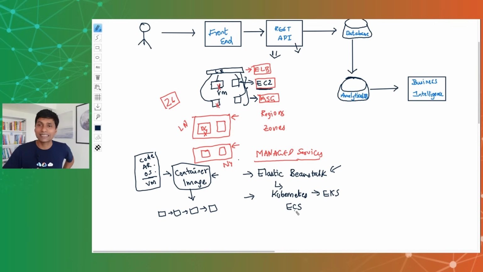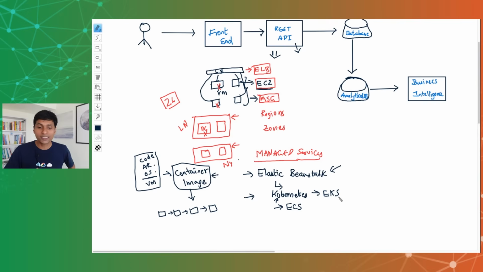It's called Elastic Container Service. Actually, Elastic Container Service is something which came in even before Kubernetes. So a lot of customers, especially AWS customers, are making use of ECS, and some of them are actually shifting towards Kubernetes as well. So AWS offers both these options, Elastic Container Service and Elastic Kubernetes Service.